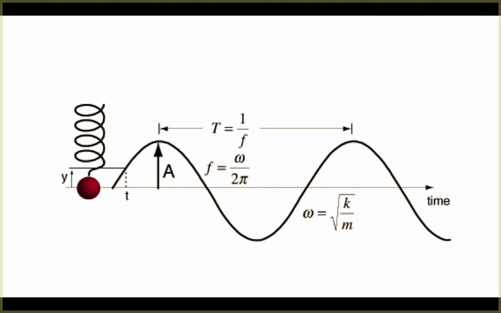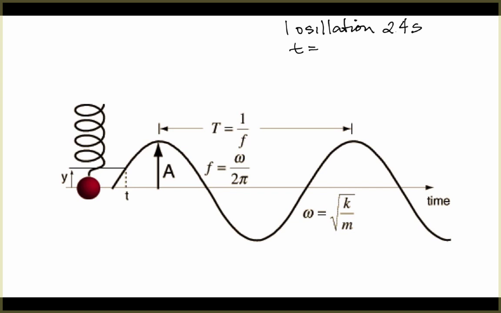So essentially, we can do one quick problem here. It says an air track cart is attached to a spring and completes one oscillation every 2.4 seconds.